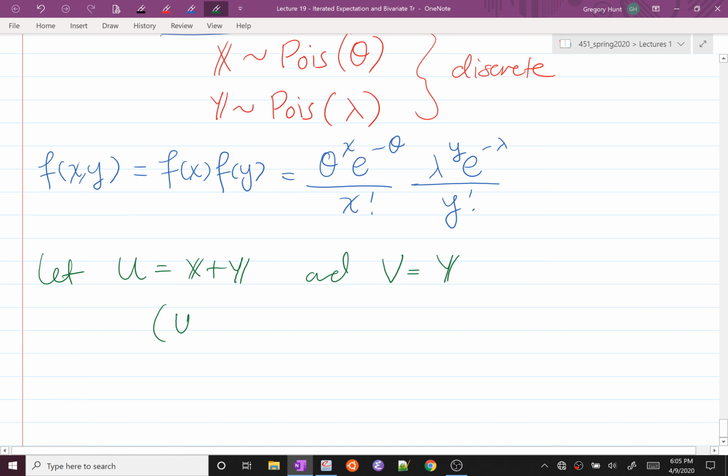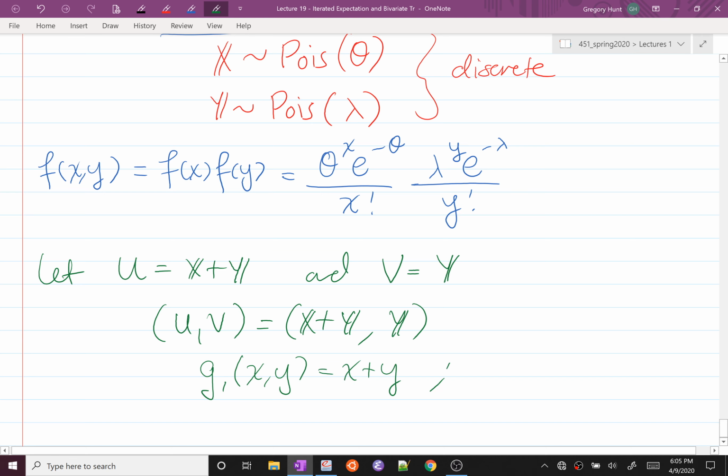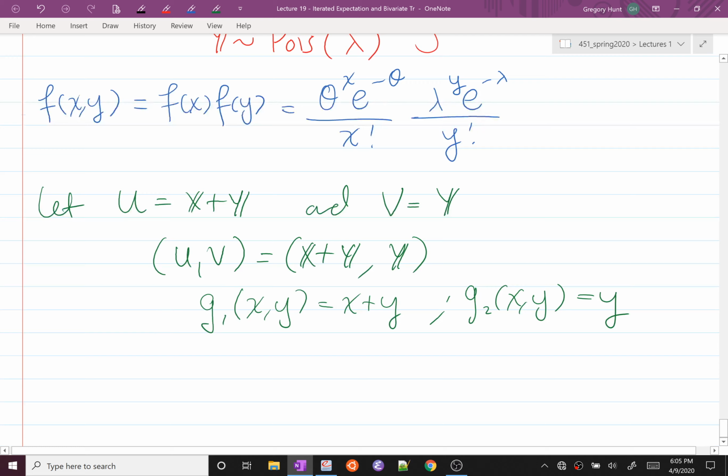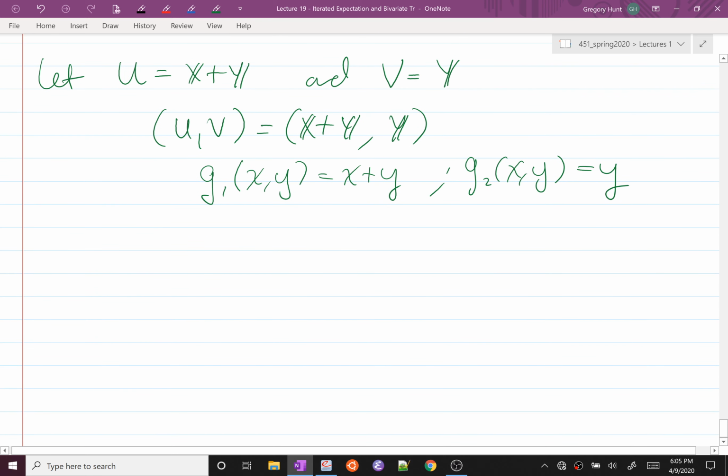You could write this as u comma v is x plus y comma y, in which case my first component function, g1 of xy, is just x plus y, and my second component function, g2 of x comma y, is just y. Okay. So obviously what I'm going to want is the joint PMF of u comma v.